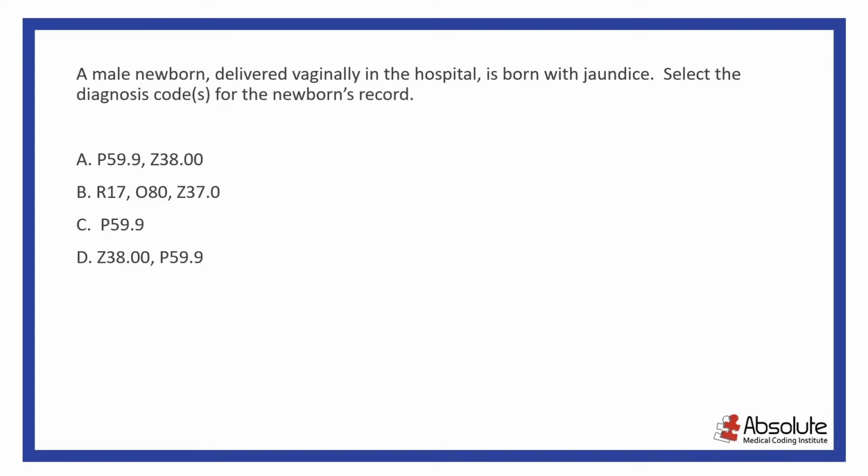A male newborn delivered vaginally in hospital is born with jaundice. Select the code for the newborn's record. You have 2.5 minutes, so I'm sure you will finish before that, and your time starts now.